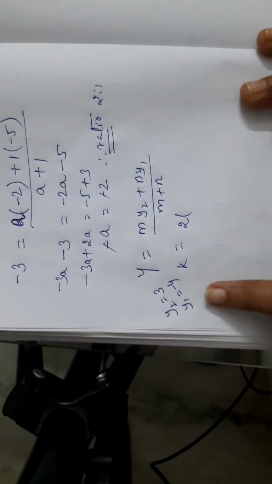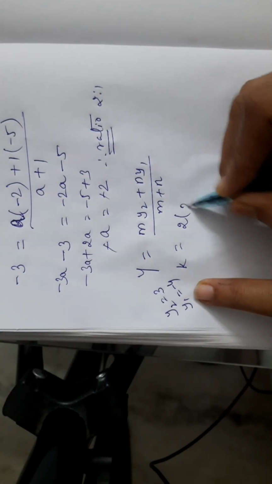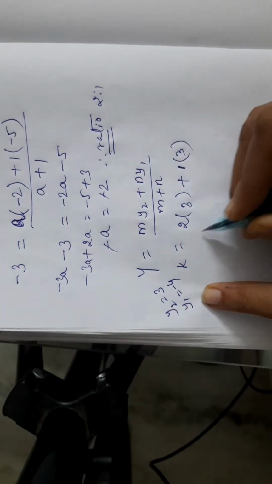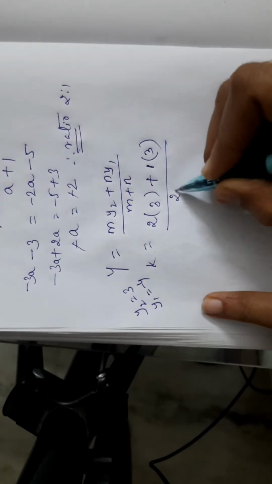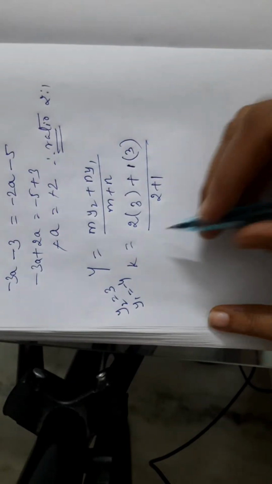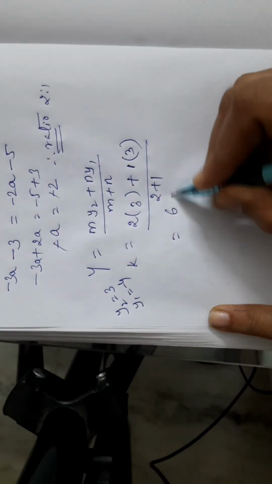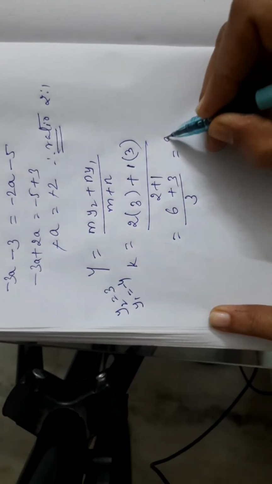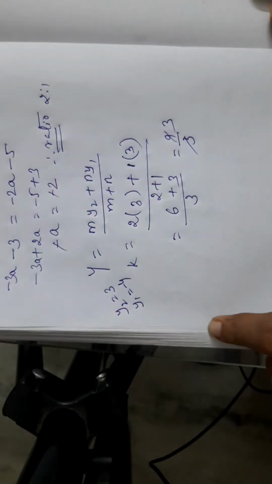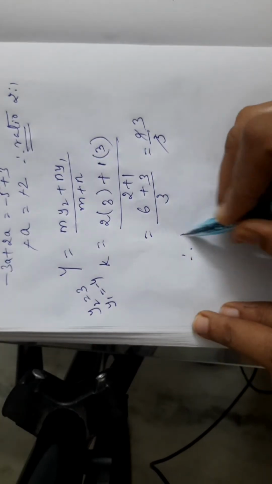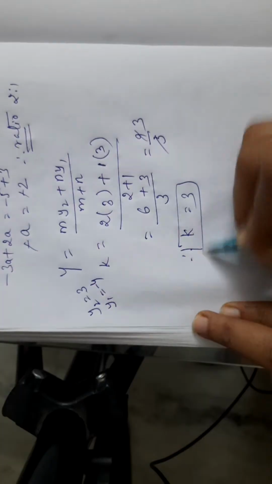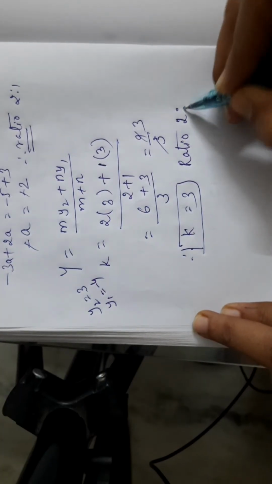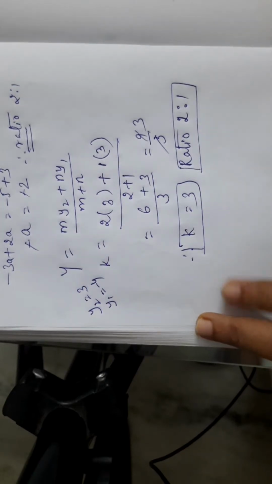So let's put those values. It's (2 times 3 plus 1 times -4)... so 2 threes are 6, and the calculation gives 9 by 3, which is 3. So final answer is K is 3 and the ratio is 2 ratio 1. So this we got as the final answer.